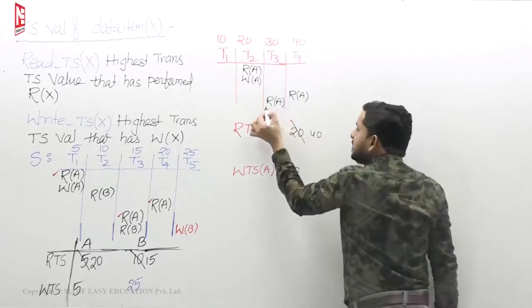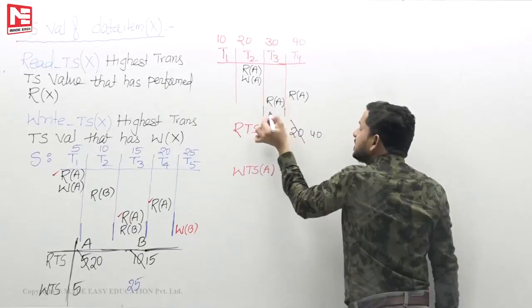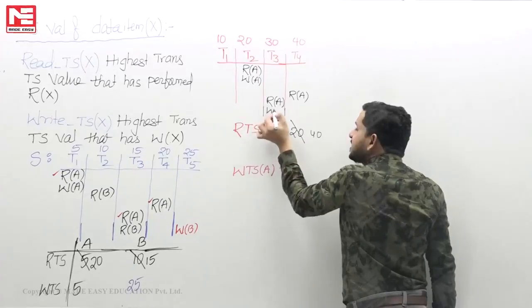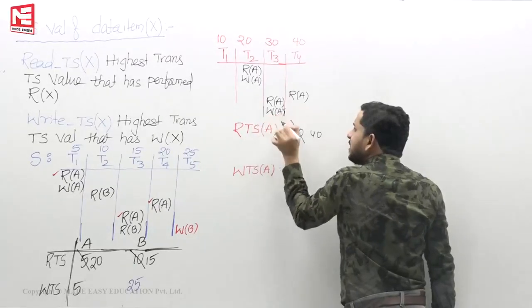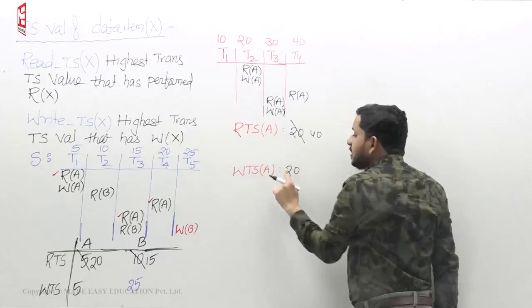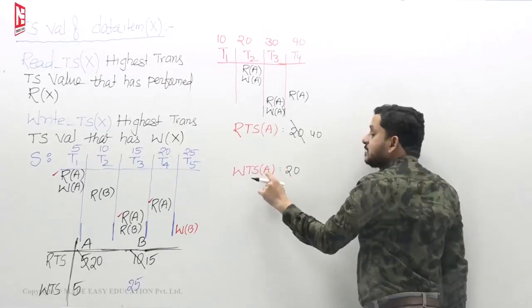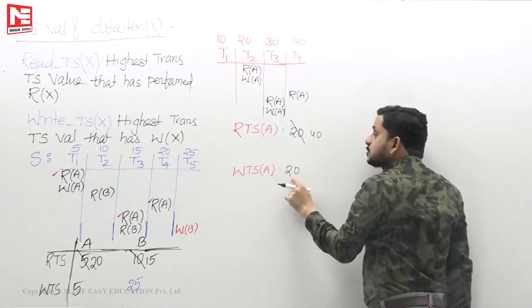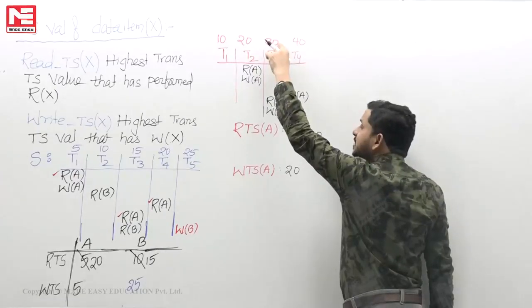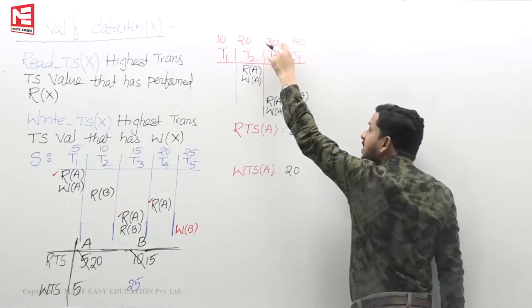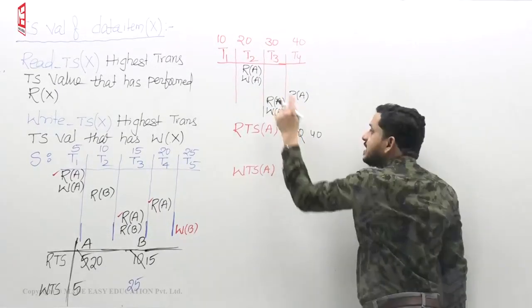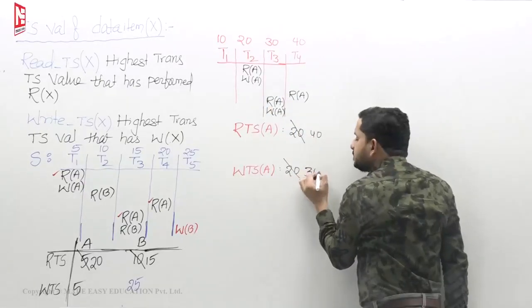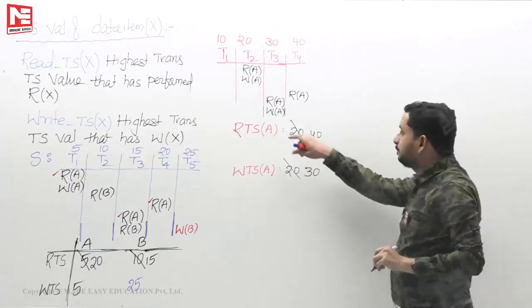Assume that after that transaction T3 writes the data item A. The previous write timestamp value of A is 20. Now the new transaction performing the write operation is T3, which is higher, so 30 becomes the write timestamp value of A.